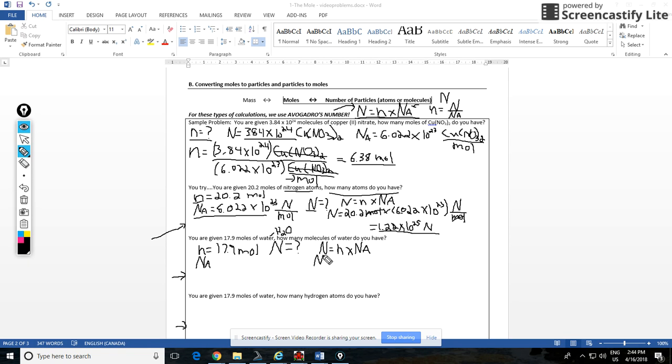So big N is equal to 17.9 moles times 6.022 times 10 to the power of 23 water molecules, H2O molecules, per mole.